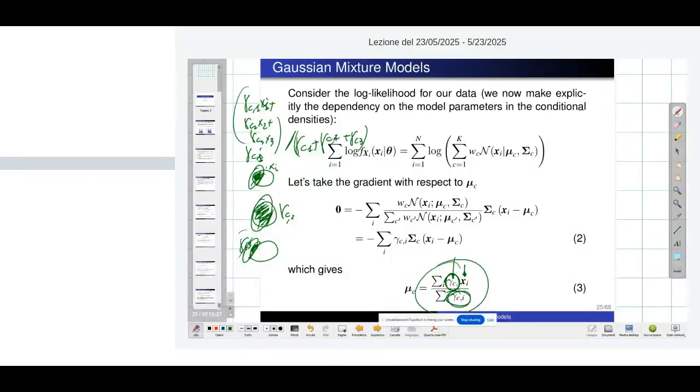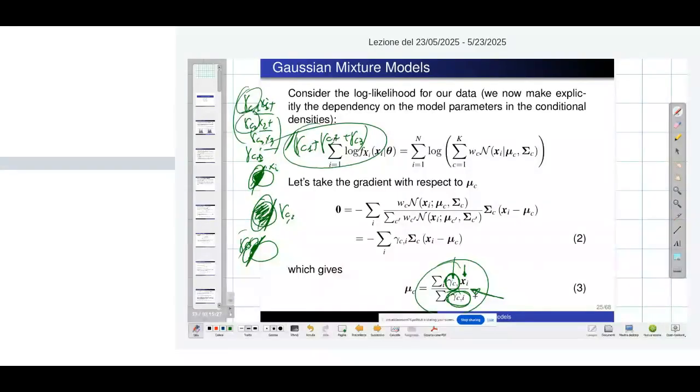If I split the points and I say this fraction is assigned to cluster 1, this fraction is assigned to cluster 2, and this fraction is assigned to cluster 3, what is the average? It is the weighted, fractional sum of the samples divided by the amount of samples that have been assigned to that cluster, which is exactly this term.